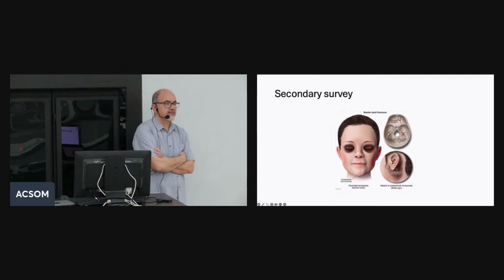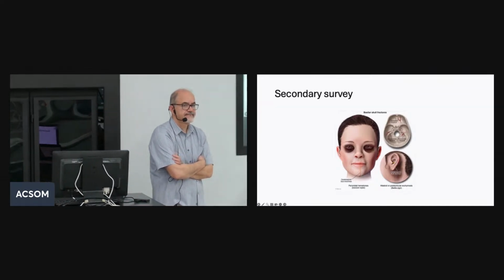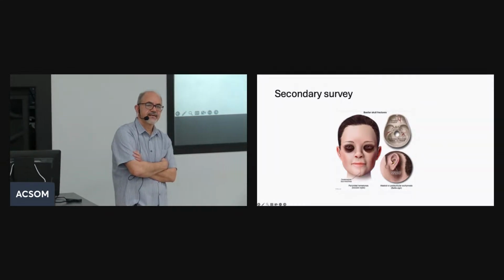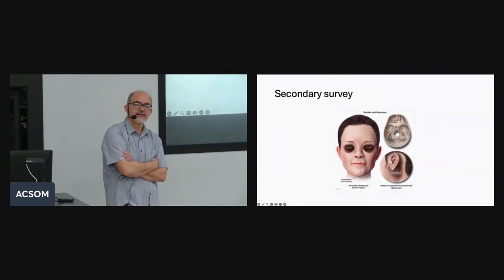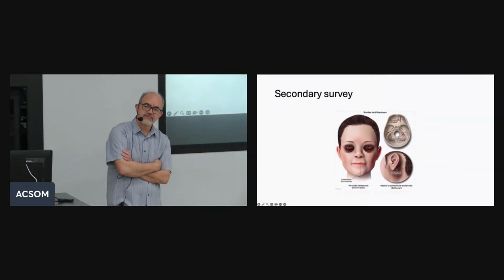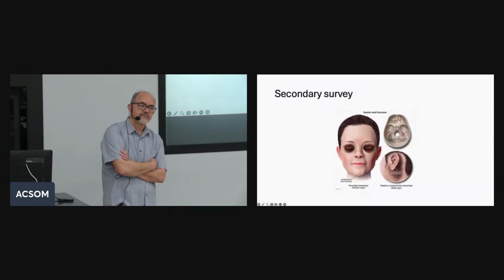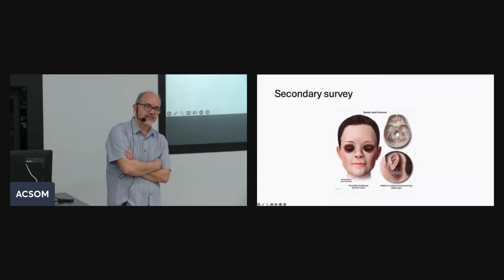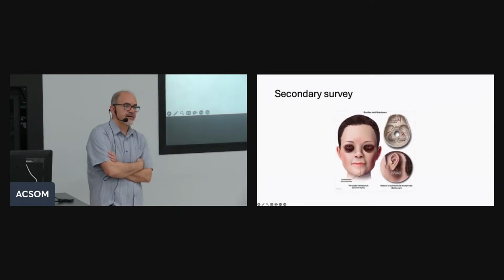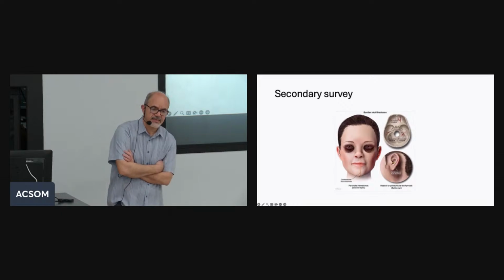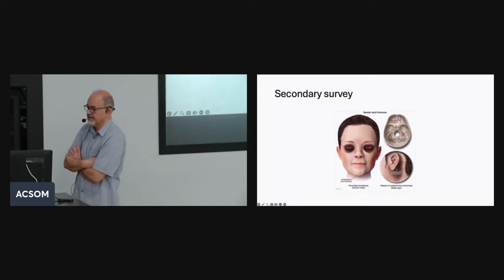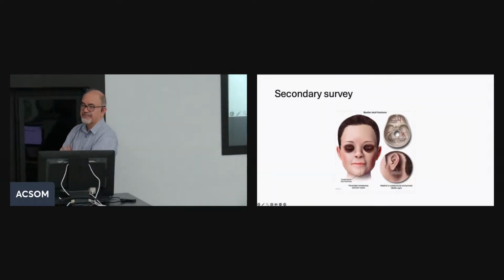Do you know what this is called? I hear something back. Raccoon eyes. What does it mean? Skull base fracture. So when you have a skull base fracture, that is a bad sign.